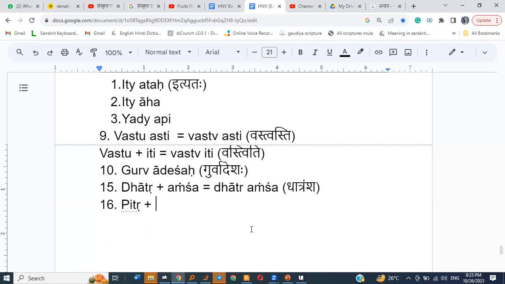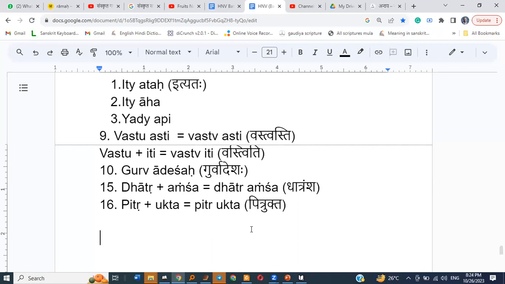Three Ukta, so Re becomes Ra. Pitrukta. Pitrukta. That was section 1 of this Sutra 50 and 51, 52, 53.